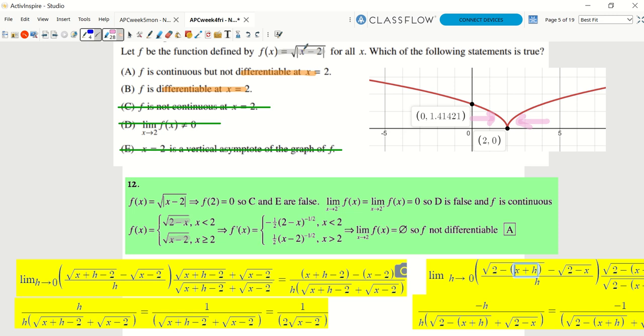Let me frame it this way. If I pick 5, the absolute value of 5 minus 2 is 3. So that's the same thing as doing 5 minus 2.